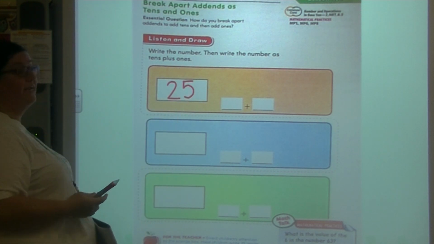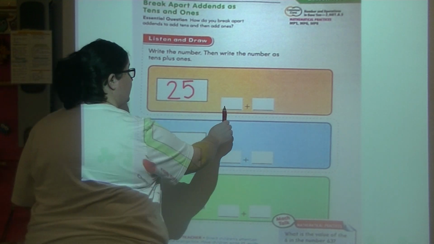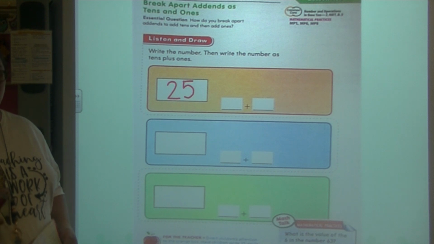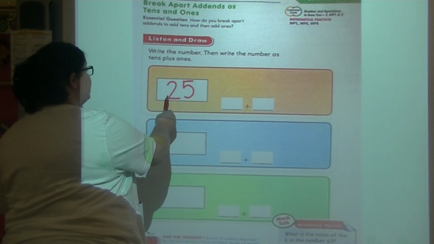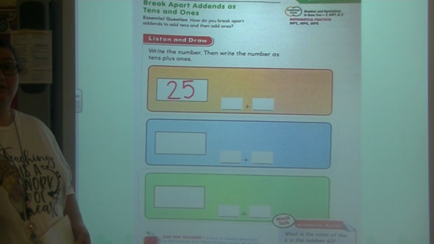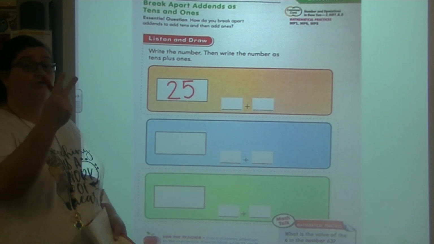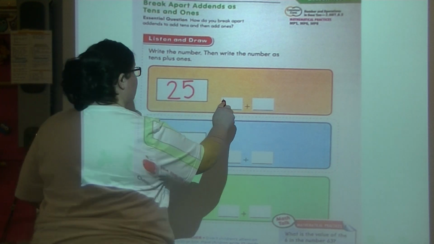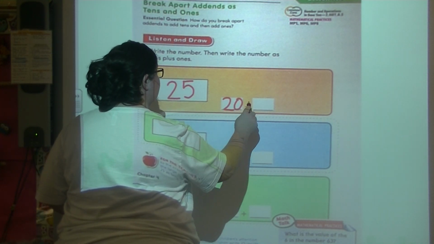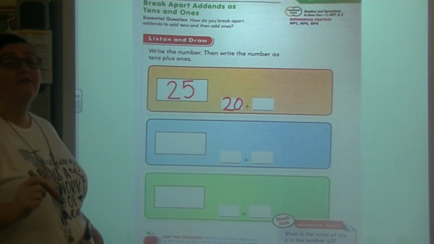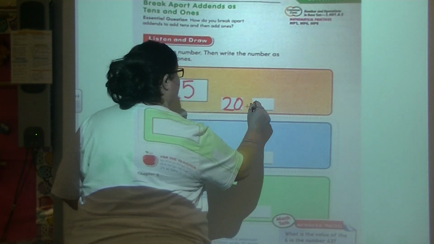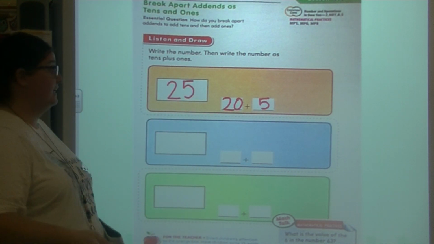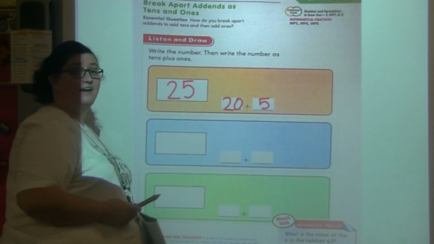So if I want to break it apart into tens plus ones, I have to write the value of that number. So 2 tens is equal to what number? 2 groups of 10, 10, 20. 20 plus 5 ones, 5. So 25 is the same thing as 20 plus 5.